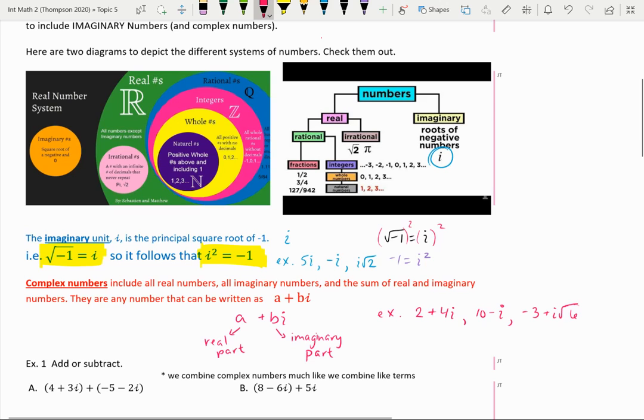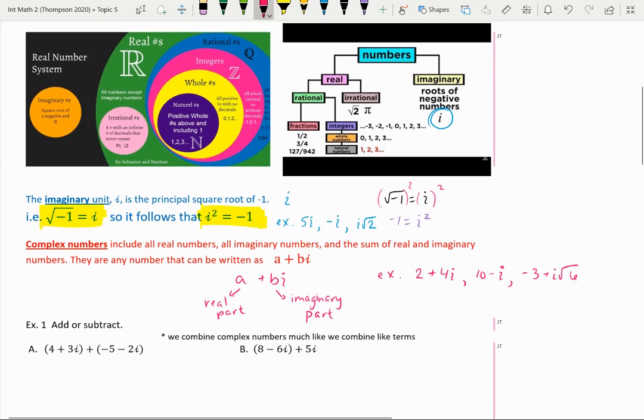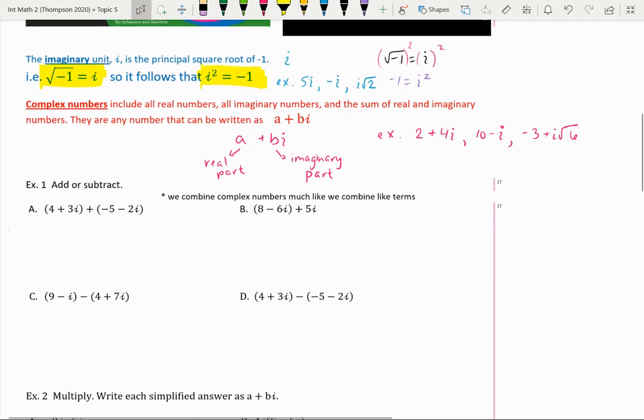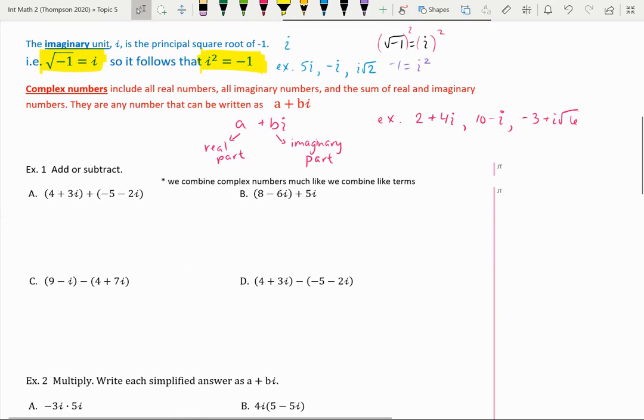So it has a real part followed by an imaginary part. Now, as we go through and we do a lot of these operations, it's really easy to treat i as a variable, and it will fall under a lot of the same rules, but it's also important to remember that i is actually a number. It is the square root of -1.